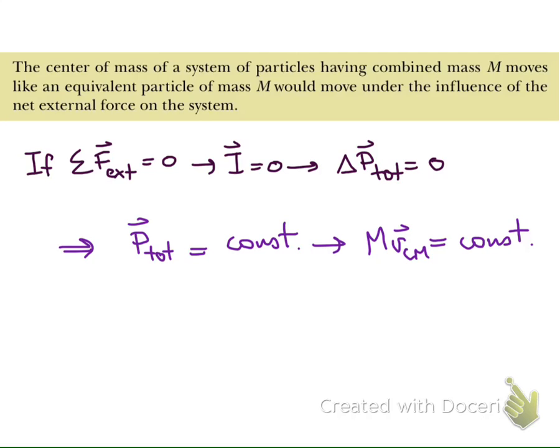It means that if there is no external force on the system, the total momentum is constant and the center of mass moves with a constant velocity. And this is very similar to the situation for a single particle.